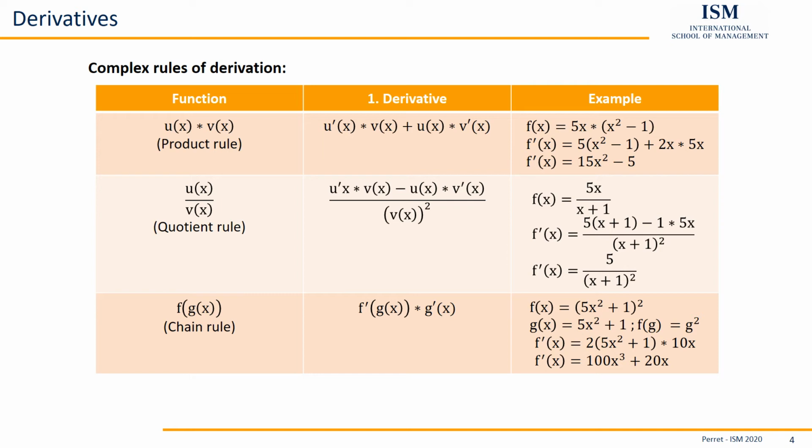With the quotient rule, this becomes a bit more complicated, because here I actually have to consider which of the two functions is in the numerator, which is in the denominator. Because I start by deriving the function in the numerator times the function in the denominator, which stays as is, and then I go minus, then I keep the function from the numerator as is, and derive the function from the denominator.